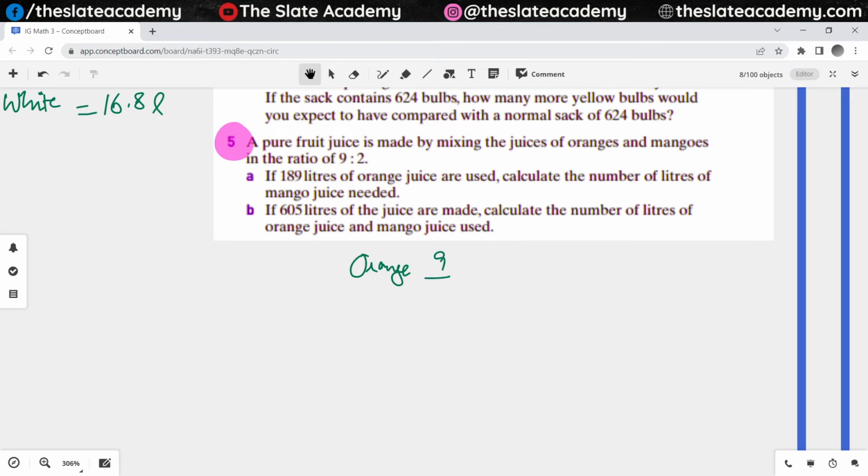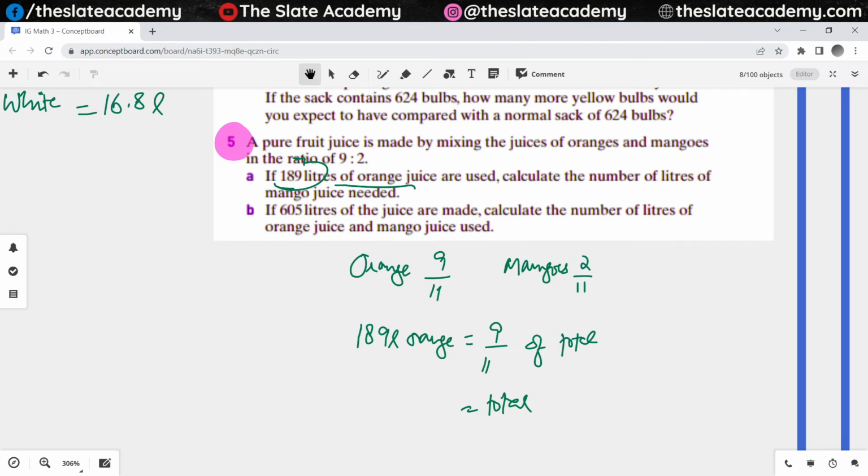So orange is 9 out of 11. Mangoes is 2 out of 11. If I have 189 liters of orange, so 189 L of orange is equal to 9 by 11 of total. So total will be equal to 189 into 11 by 9.